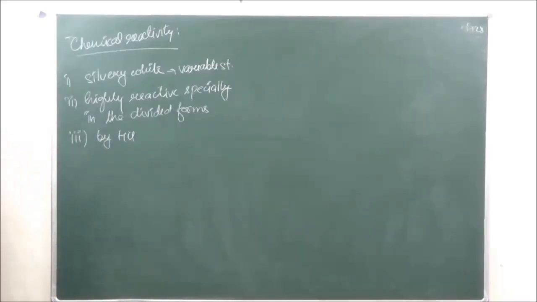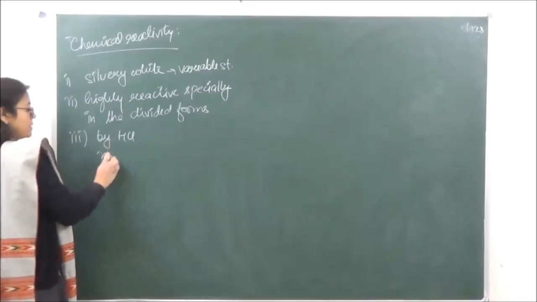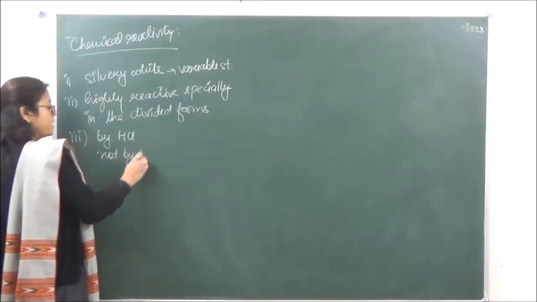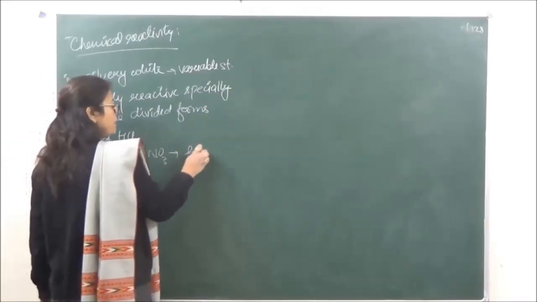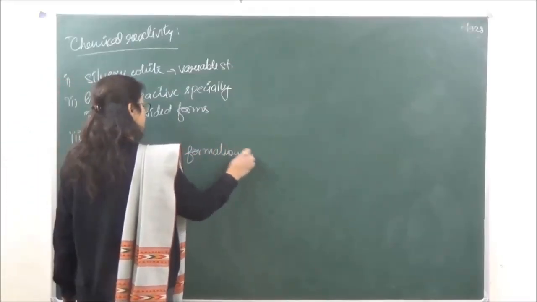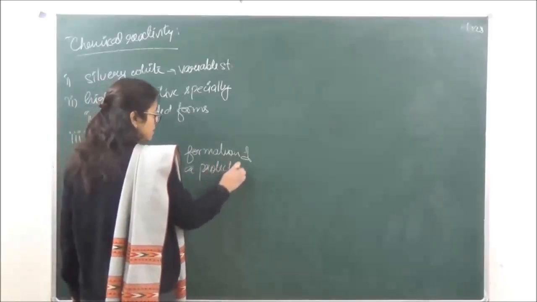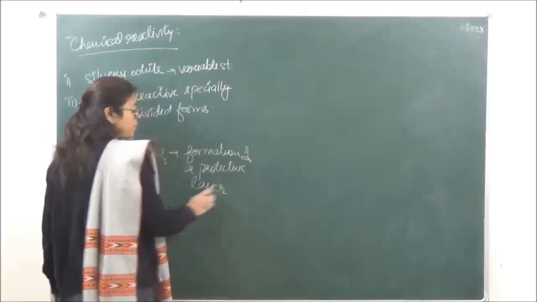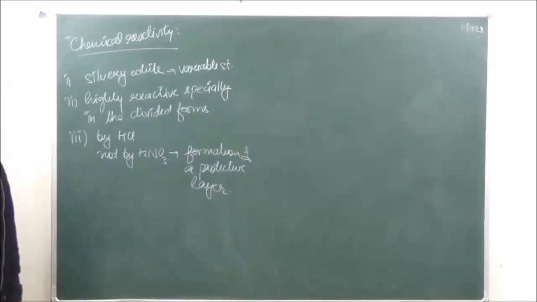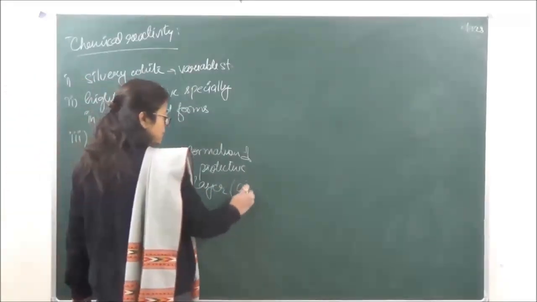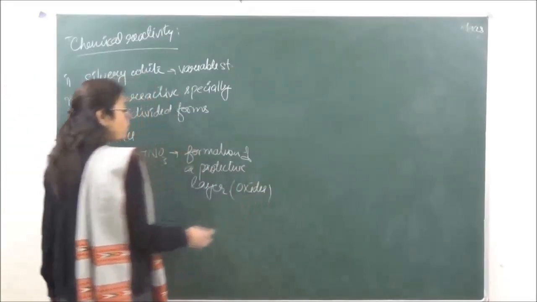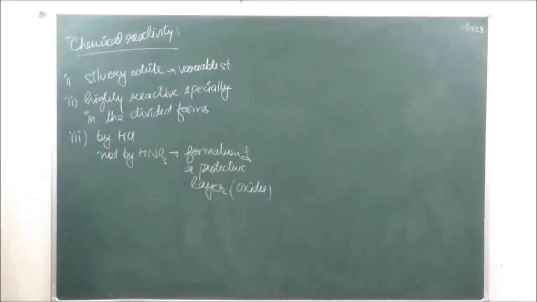Then number three, all metals are attacked by hydrochloric acid, HCl, but not by HNO3. That is due to the formation of a protective layer on their surface. Okay? And this layer formed on the surface is a layer of oxides, right?